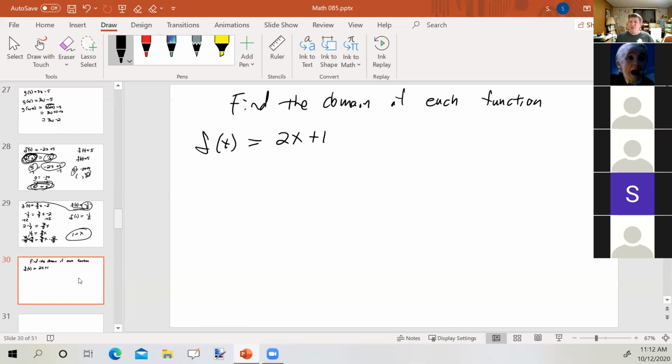So the question is this: is there any value of x, any real number that we could put in the place of x, take 2 times that plus 1 and get something that's not real? The answer is no. Any value we put in there, a real number times 2 is still a real number, plus 1 is still a real number. So the domain would be all real numbers.